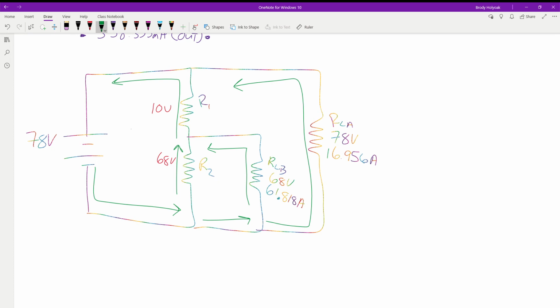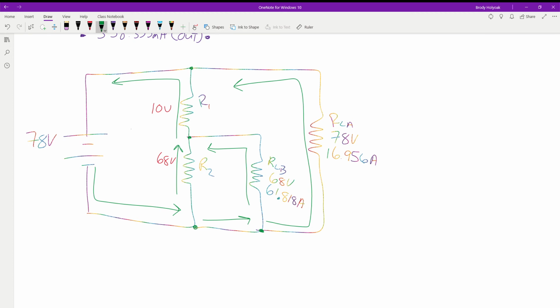Do we have all of our connections, all of our pathways with at least a current direction? These are a lot easier because we don't have another section down here that is forcing the current one way or the other. So we have a lot fewer connection points. We've got one here, one here, and one here.